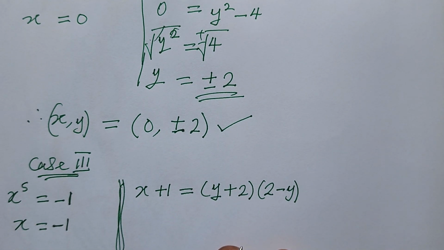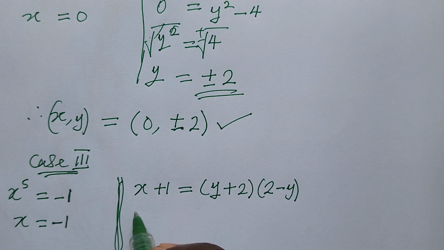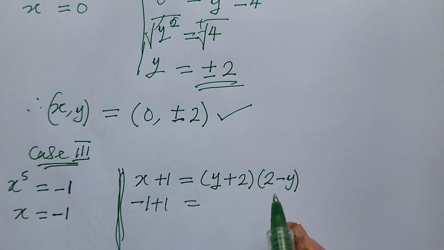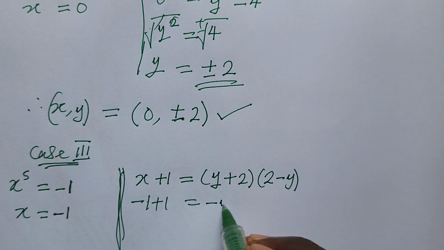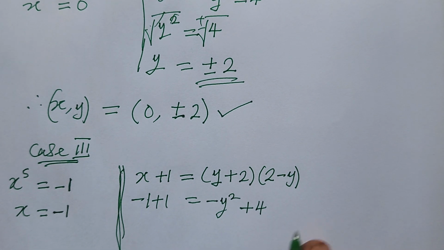You get that? Right. So if we substitute minus 1 into this, we're going to have minus 1 plus 1 is equal to, if we open this up, minus y to the power of 2 plus 4.